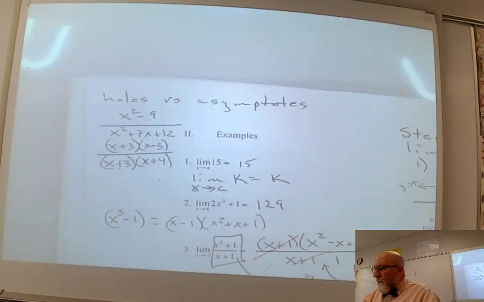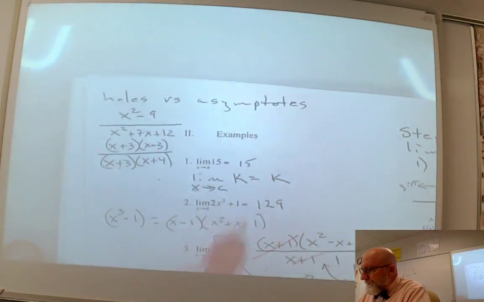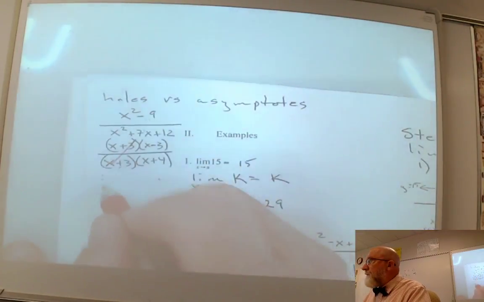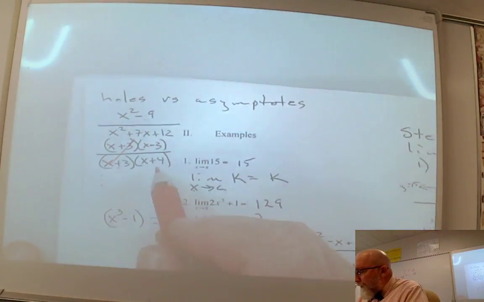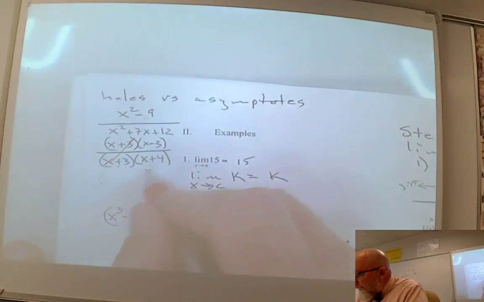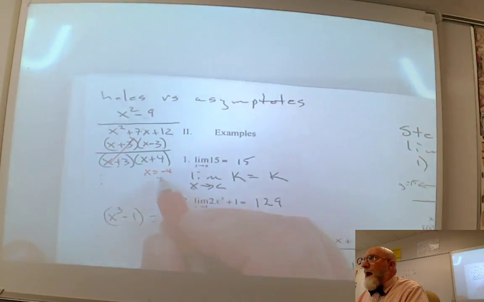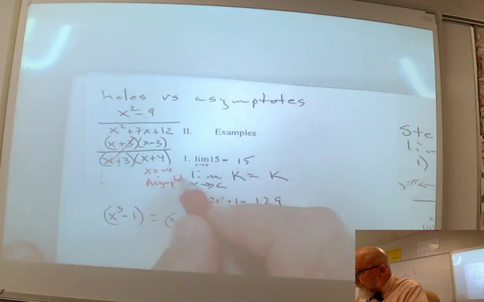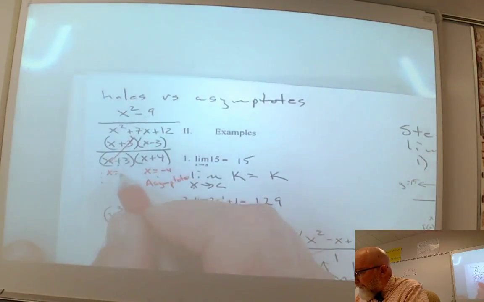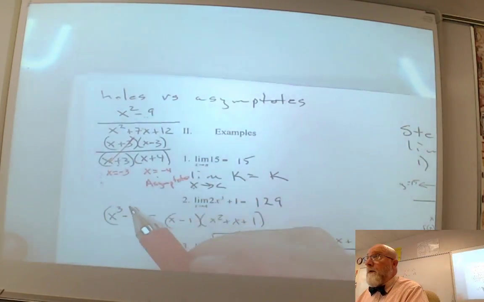But I can also do this, right? So x equals negative 4 is an asymptote because it did not get removed. X equals negative 3 is not an asymptote.